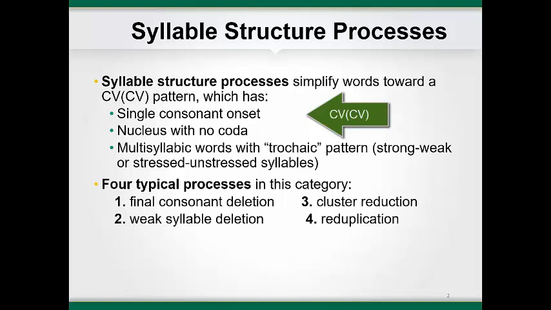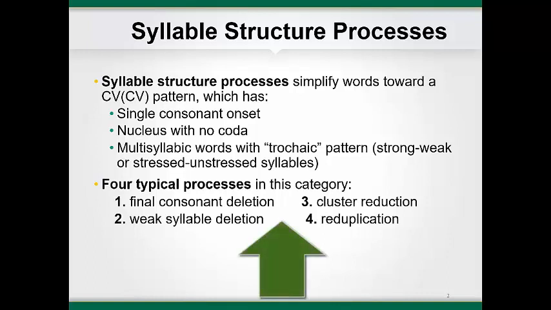In this pattern, there is only one consonant in the syllable onset, and there is a nucleus, but no coda in each syllable. There are no consonant clusters, and in English at least, multisyllabic words tend to follow the trochaic or strong-weak, stressed-unstressed pattern or rhythm. Syllable structure processes, then, are ones that change the pattern of the syllable to make it more like, not necessarily exactly like, the basic CV or CV-CV pattern.